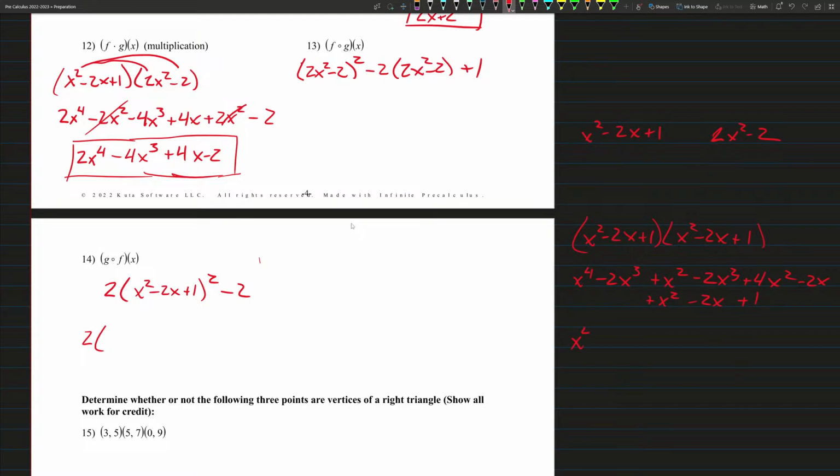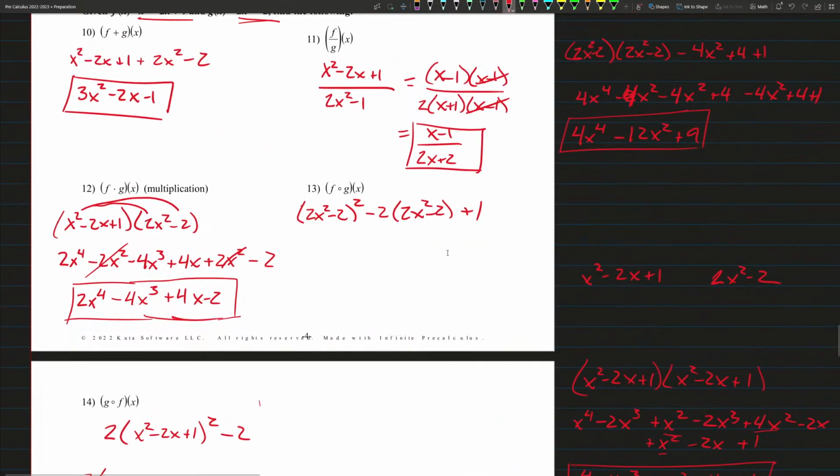So this is x to the fourth minus 4x cubed plus 6x squared minus 4x plus 1. Okay, so that's all the combination of functions.